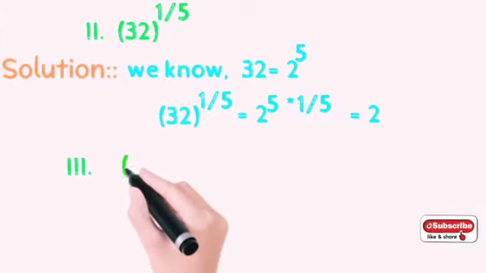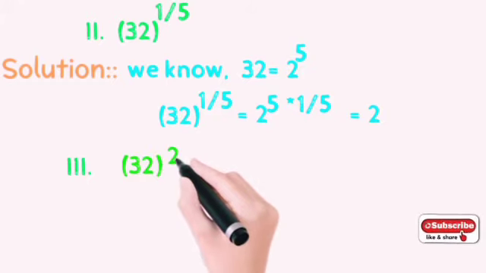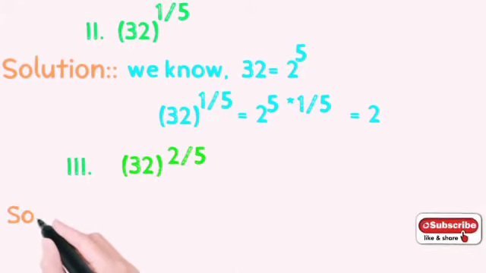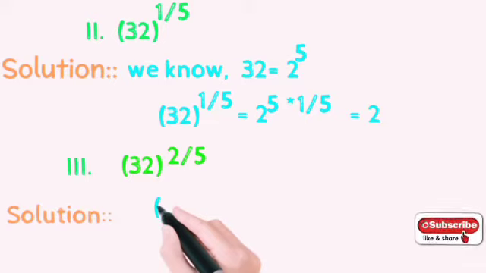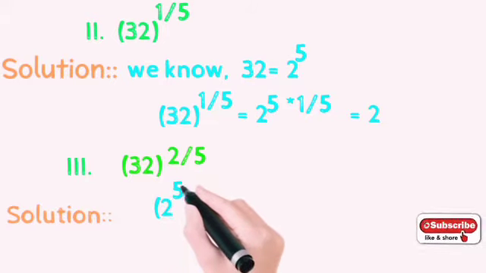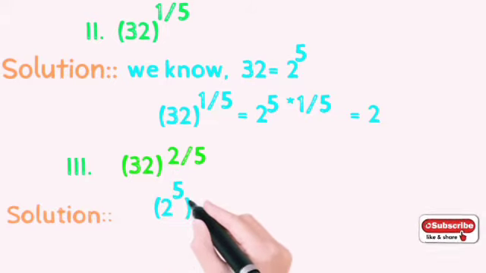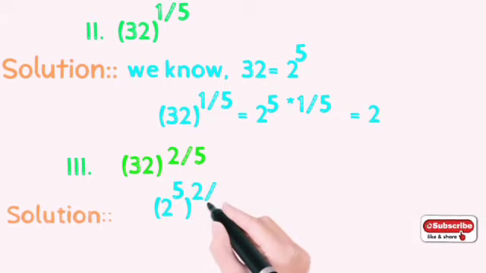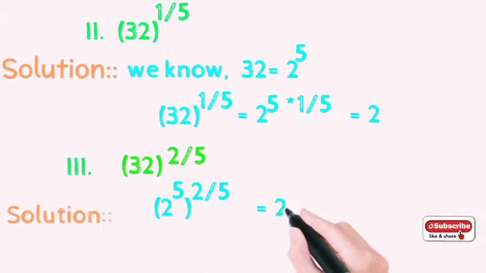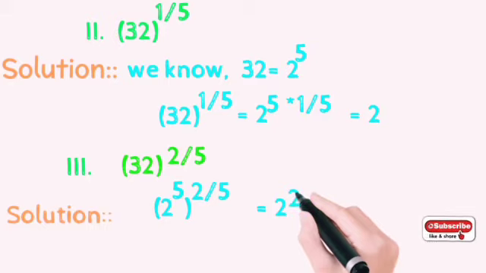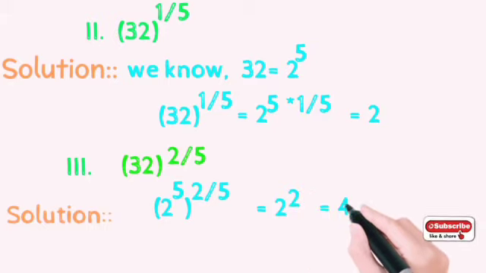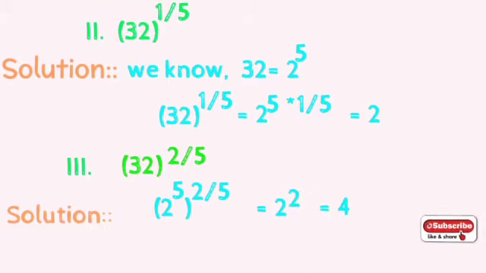Coming to the third question, 32 to the power 2 by 5, and over here we know again, in place of 32 we will write 2 to the power 5, and in the answer you will get 2 to the power 5 into 2 by 5, and again 5 and 5 will get cancelled. The answer you will get is 2 square, which is 2 into 2, and it is 4.